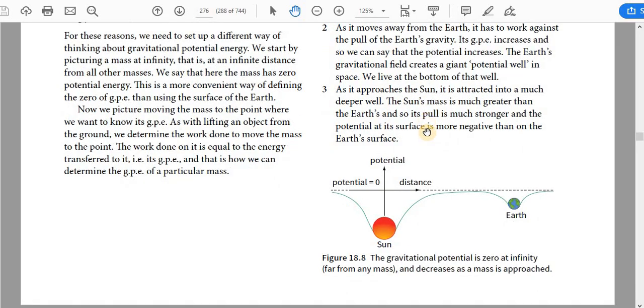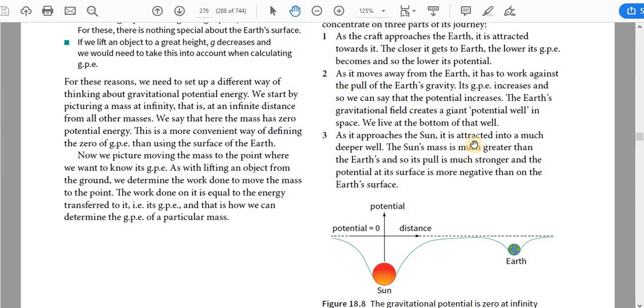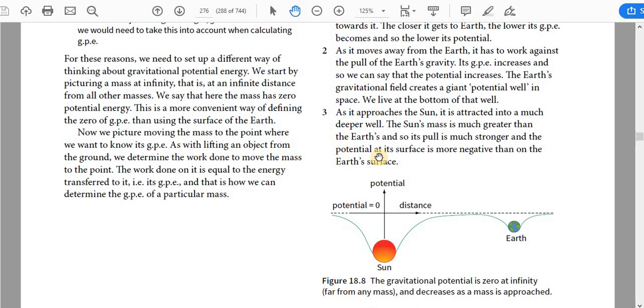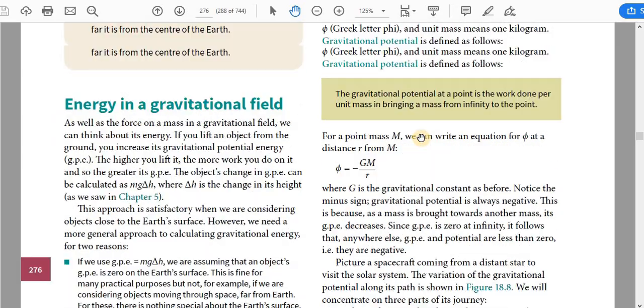As it approaches the sun, this same spacecraft is attracted into a much deeper well, because the gravitational pull of the sun is much greater. So the gravitational field strength of the sun, g, is much greater than the earth's. The sun's mass is much greater than the earth's, so its pull is much stronger, and the potential at its surface is more negative than on the earth's surface. Can you see? The potential well here is deeper than for the earth, because the sun's mass is greater.